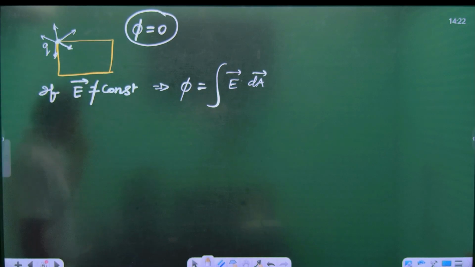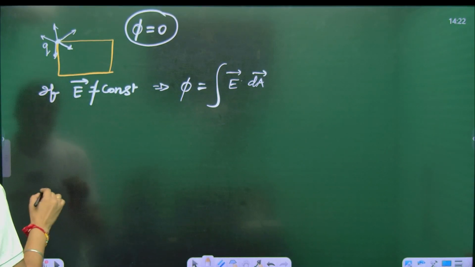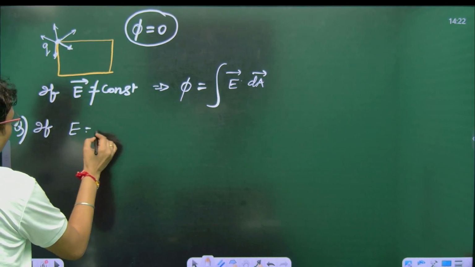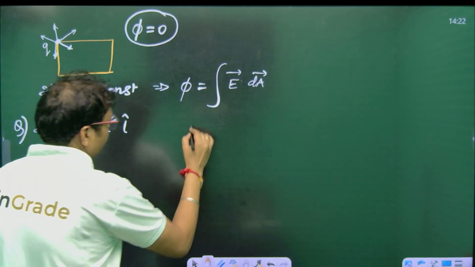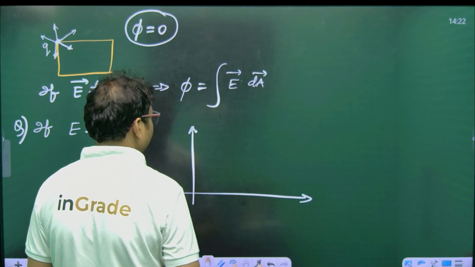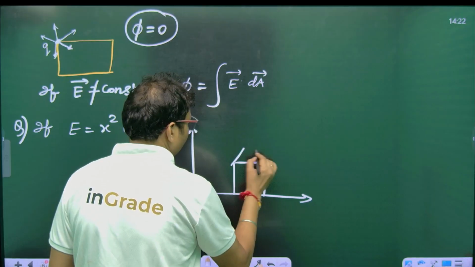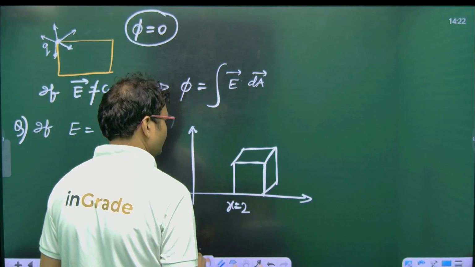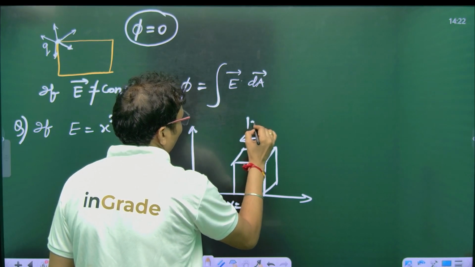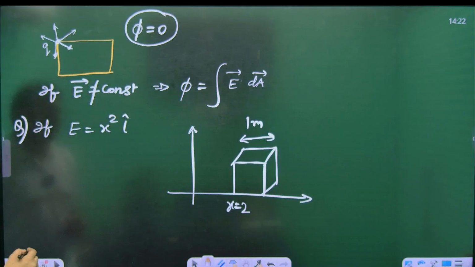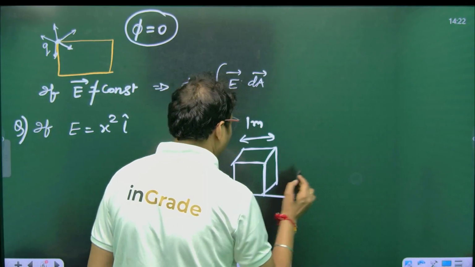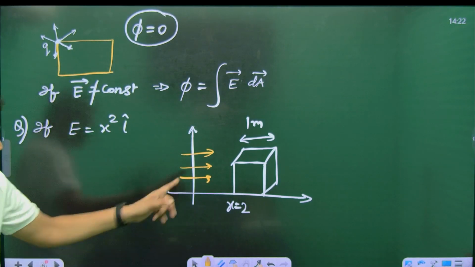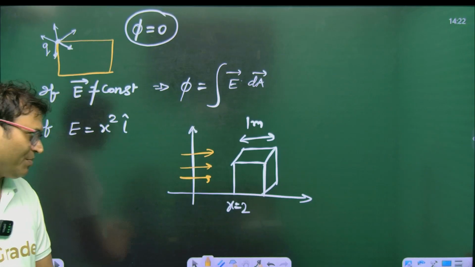Say E is given by x square i cap, the electric field varying in the x direction, and there is a cube kept at x equal to 2, with side 1 meter. What will be the net flux through the cube? If E is not constant, then for a closed surface the flux will not be 0.